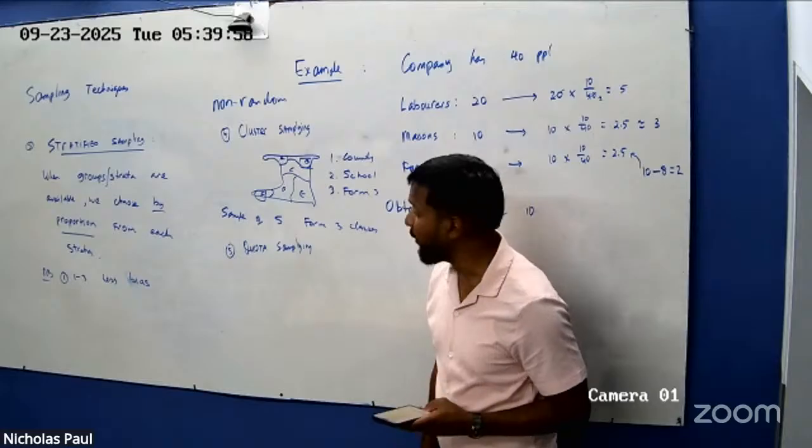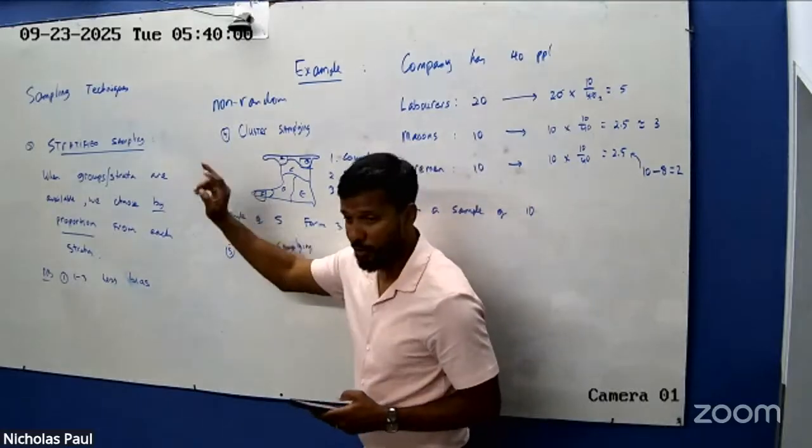Okay, so these are 2 non-random, all the other 3 are random.